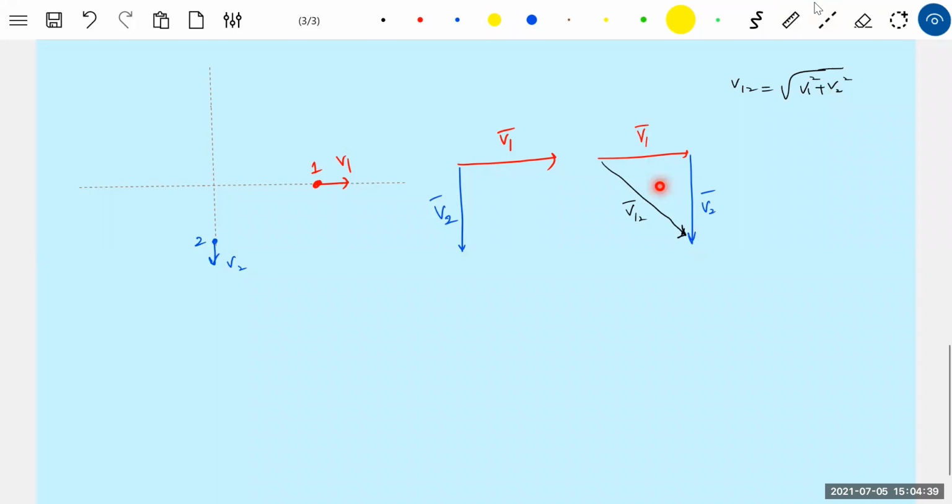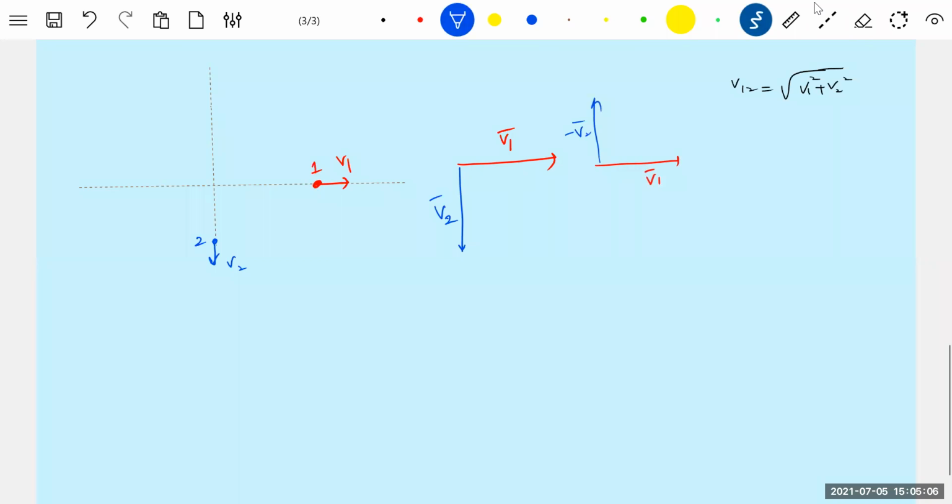Now, by chance, if the speed of car 1 increases, will anything happen to V12 bar? When car 1 looks at the road, he feels he's moving along east. When he looks at 2, how does he feel it is moving? Minus. Okay, some correction is needed. Wait, here. V1 bar, this will be minus V2 bar.